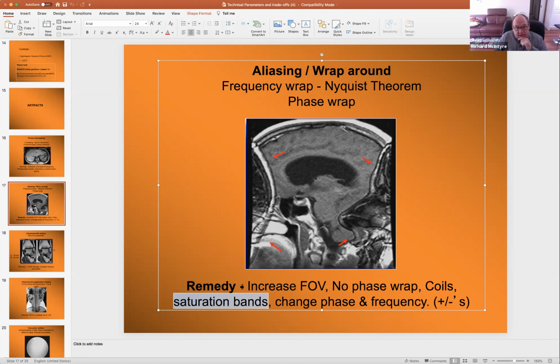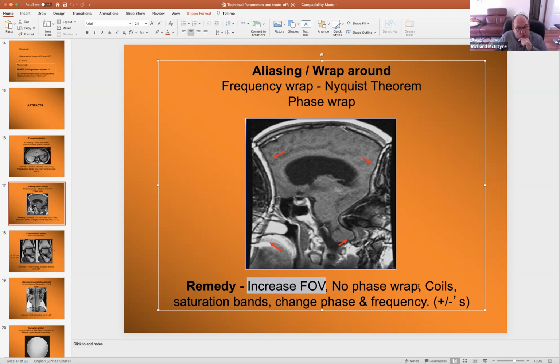Of course, we can increase our field of view in order to get the nose and the occiput into the field of view. That means that the sine wave is going to cover the whole field of view, not just posterior to the nose and anterior to the occiput, as we've seen here.